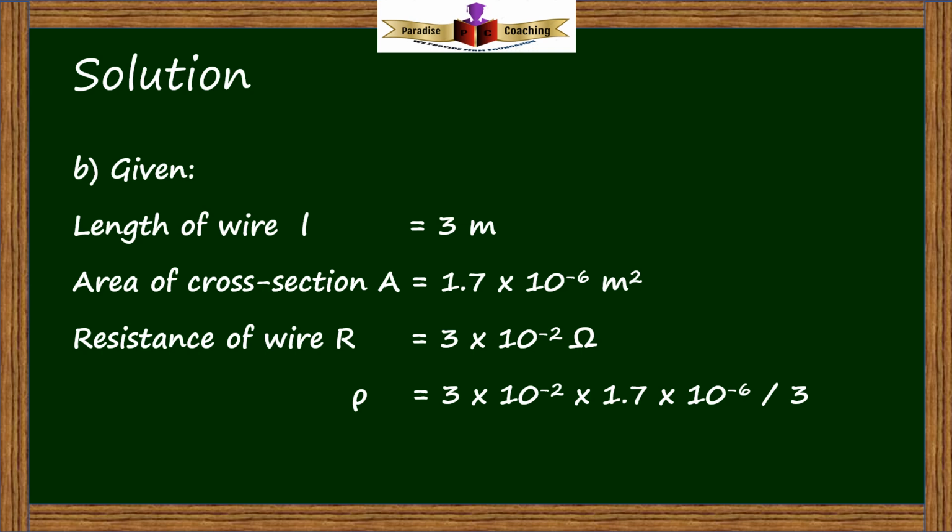And if we simplify it, we will get this value as the answer for the resistivity of the conductor for the given problem. So this simple problem shows us how resistivity can be calculated for a given value of the resistance of the conductor, the length and the area of cross section.